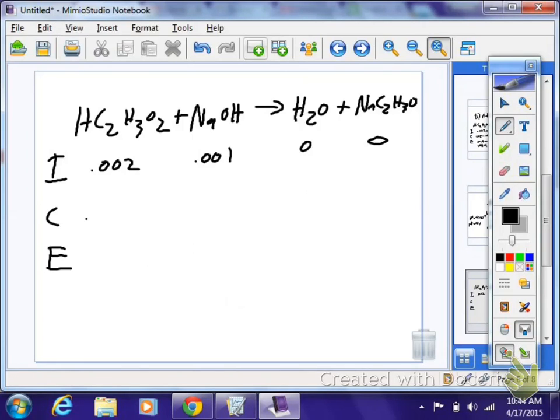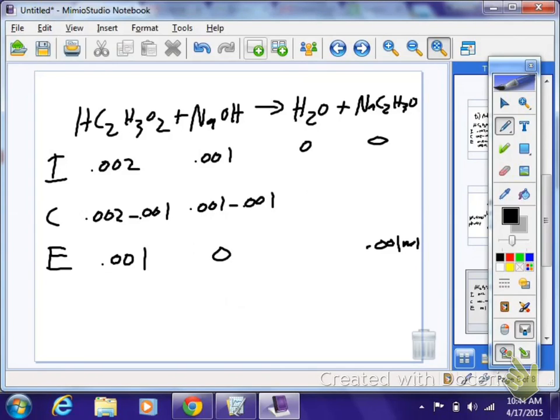Then we take 0.002 minus 0.001. We get 0.001. 0.001 minus 0.001 gives us 0. And then over here we make 0.001 moles of the C2H3O2.